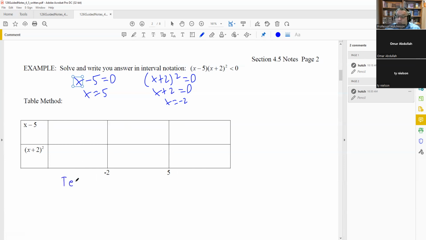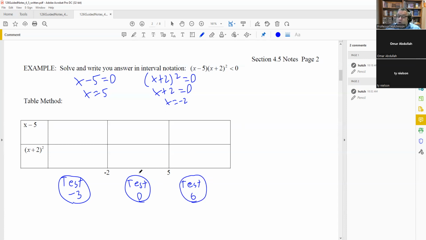Let's go ahead and pick some test numbers. I'm going to test -3 here. And then I'm going to test a number between -2 and 5. Let's just use 0. That's an easy one to try. Okay, so I'm going to test 0. And then here I'm going to test 6.